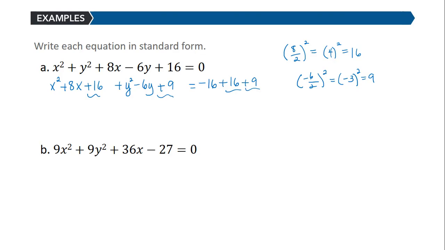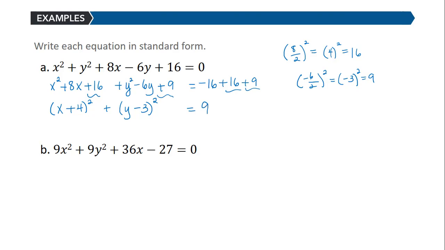And then I'm going to factor. x squared plus 8x plus 16 is (x plus 4) times (x plus 4), or (x plus 4) squared. y squared minus 6y plus 9 factors as (y minus 3) times (y minus 3), or (y minus 3) squared. And then negative 16 plus 9 is just 9 on the right.